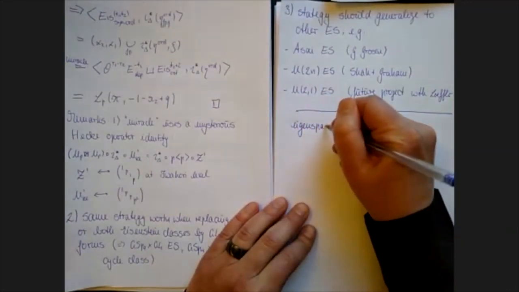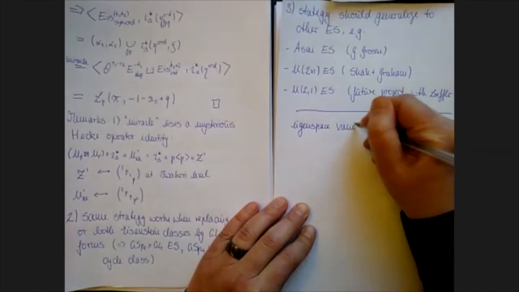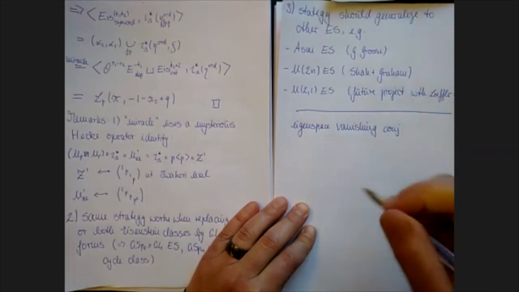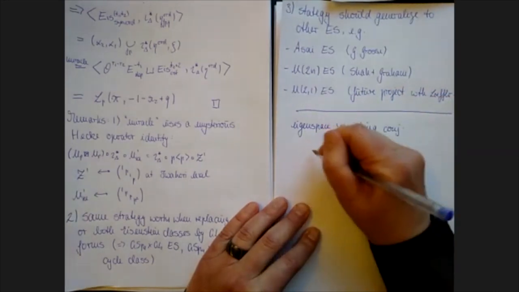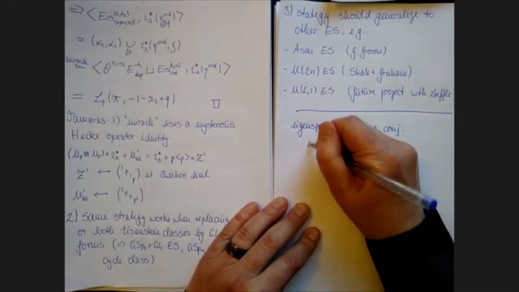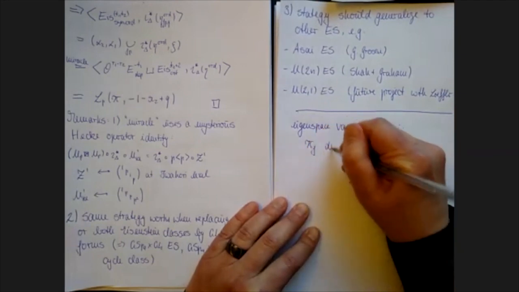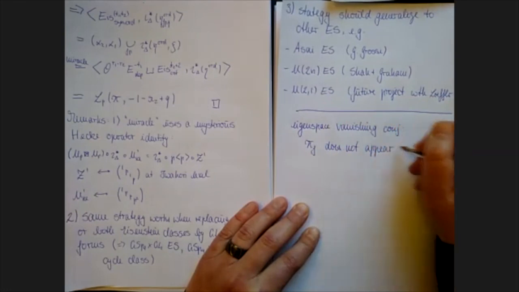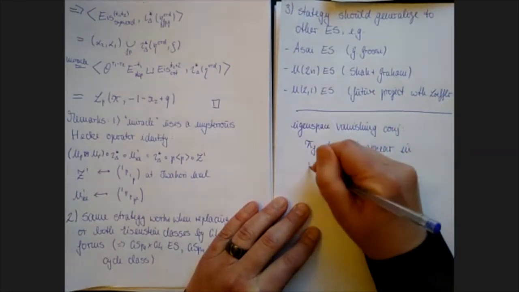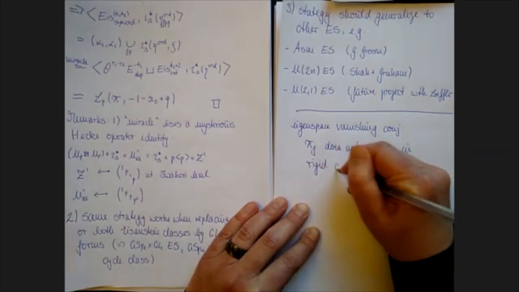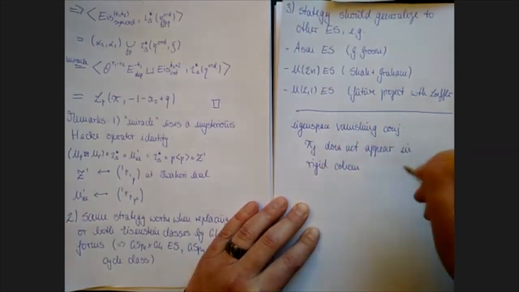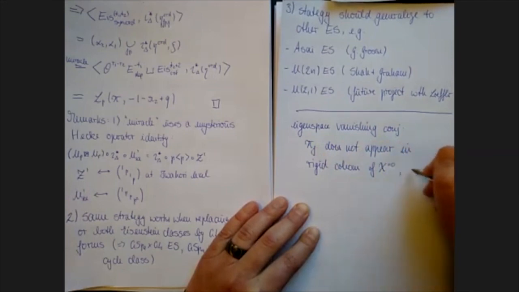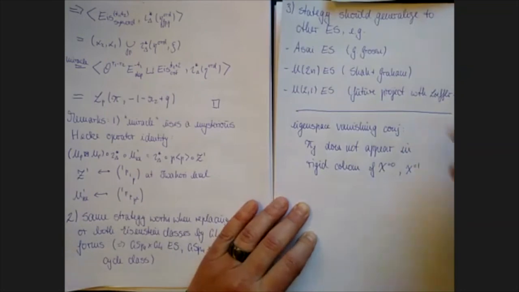So the eigenspace vanishing conjecture says that pi_f does not appear in the rigid cohomology of x equal to 0 and x equal to 1.